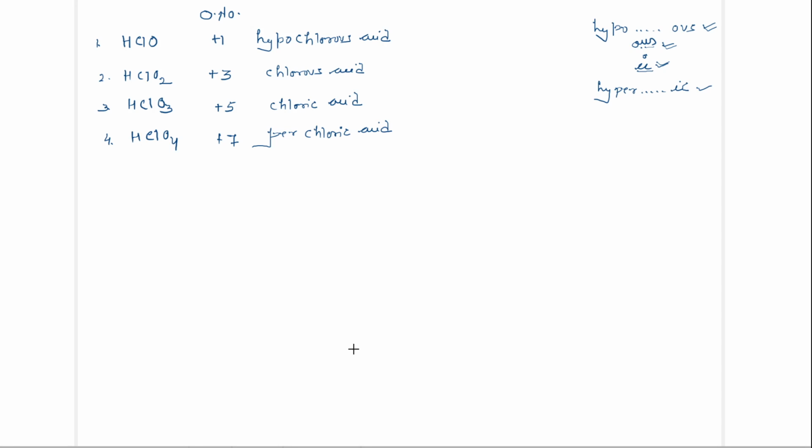So basically जो 17th group है, especially chlorine, bromine and iodine, they form 4 oxo acids. जो 16th group है that can form 3 oxo acids, especially the sulfur. Based on the oxidation state it can form 2 oxo acids, right?